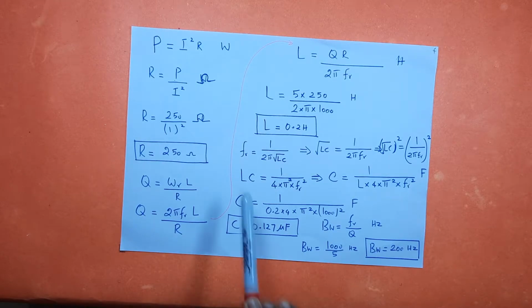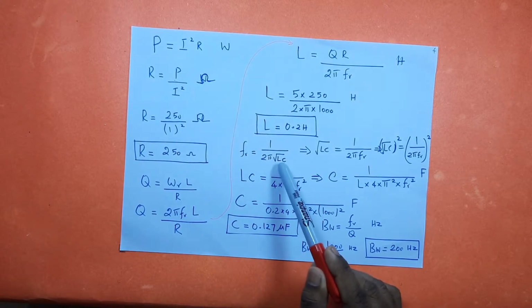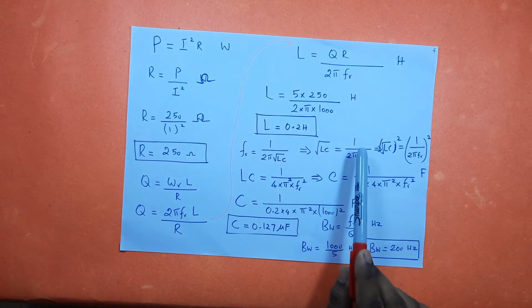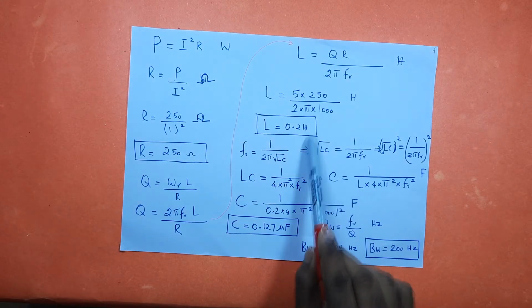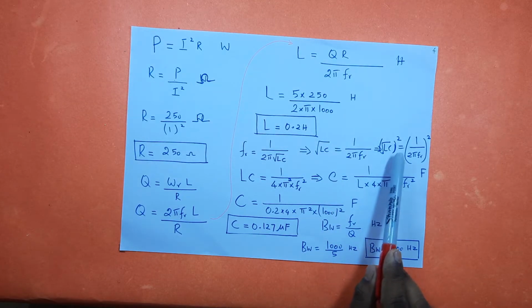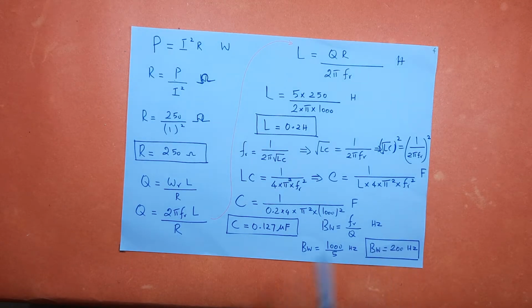Next, FR equal to 1 by 2 pi square root of LC. Take LC this side and FR down: square root of LC equal to 1 divided by 2 pi FR. Now you square both sides of this equation. So square root of LC the whole square equal to 1 by 2 pi FR the whole square.